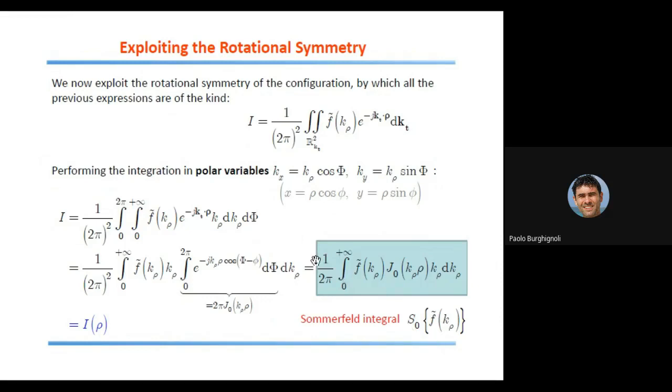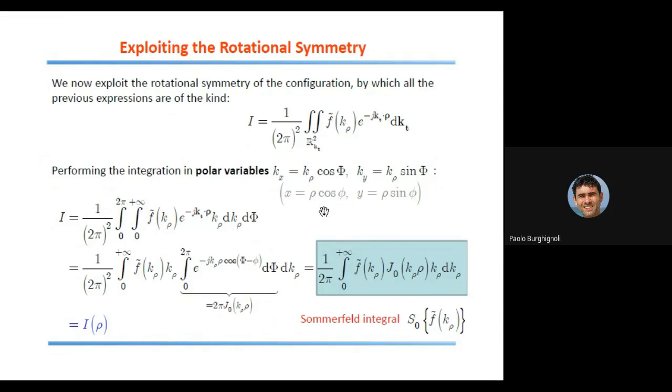As a consequence of this representation, we also have that the potential only depends on rho, as we would expect, since the configuration is omnidirectional, that is, has rotational symmetry around the z-axis. So everything should be independent of the azimuthal spatial coordinate small phi.